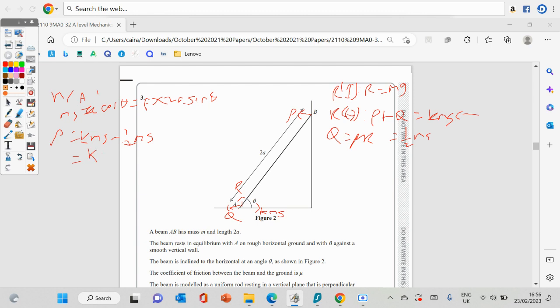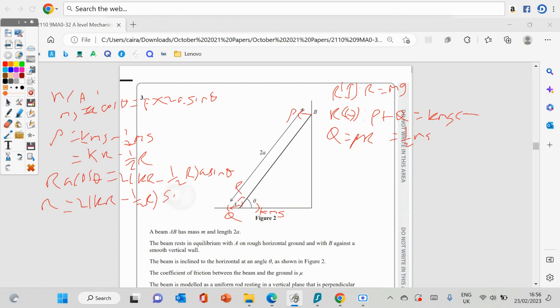So from there, that is just the same as kr minus 1/2 of r. So ra cos theta has got to be 2 lots of kr minus 1/2 ra sine theta. Yeah, this is pretty nasty now, isn't it? But I suppose this could be worse. So r is got to be 2 lots of kr minus 1/2 r.